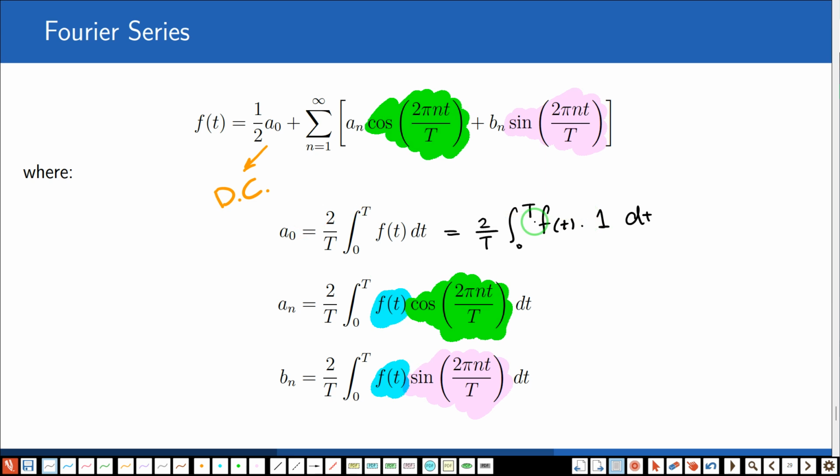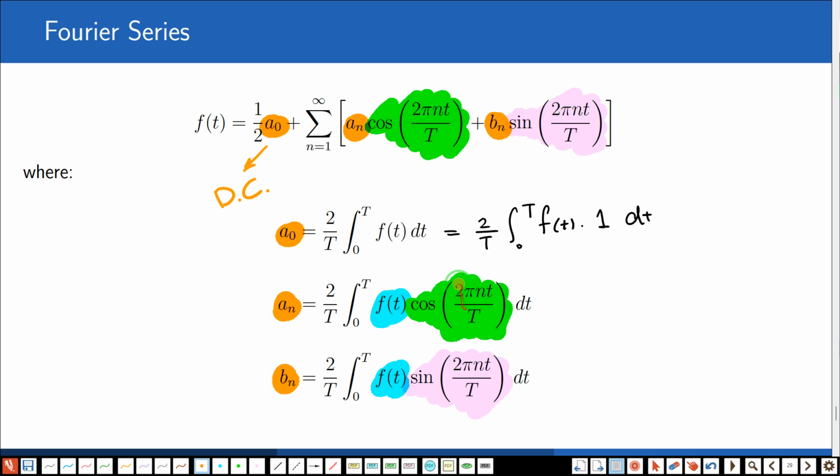So in order to find these coefficients, all of them, you see here, this one, this one, this one, for all of them we calculate the inner product of f of t with some function, and that function is present in the Fourier series of the original function.